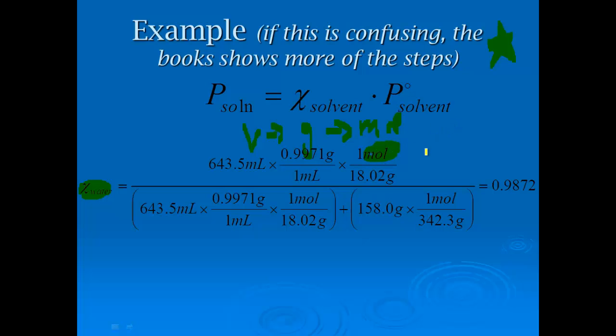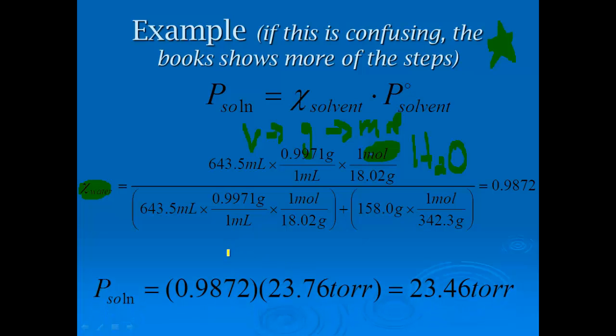And this is just the moles of water. And this is the total moles. So here's that moles of water again, plus the moles of our other contribution. And there's my mole fraction with no unit, which we like. So then we just plug and chug. We've got our mole fraction times the pressure, which we said they gave us, so we get 23.46 torr for that one.